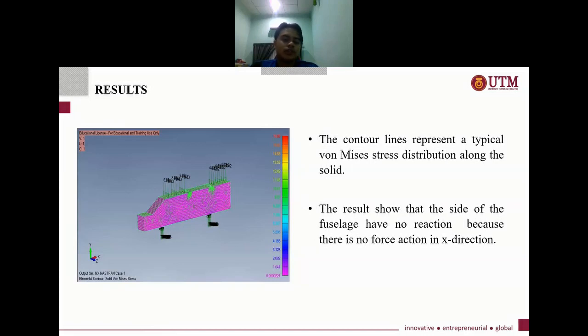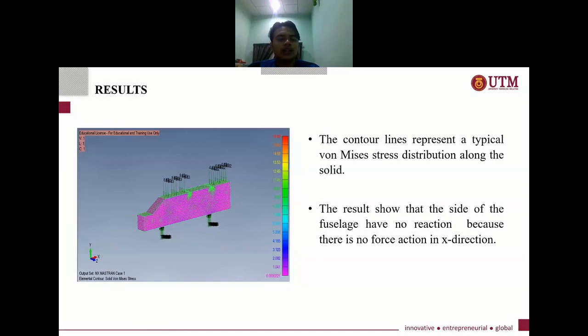From the result, it shows that the side of the fuselage has 0 to 2 stress, which is so low because in this static analysis, no force is in the x direction, because all of the load or weight is in the y direction for the overall part.